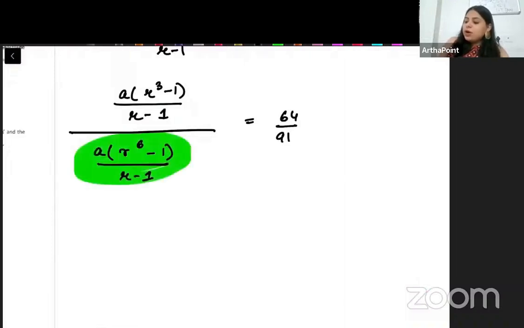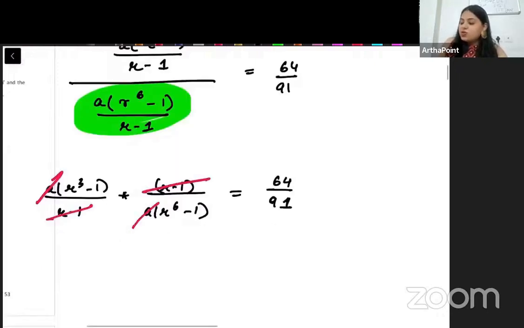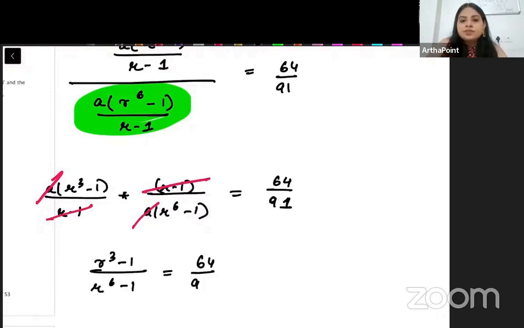So I get a(r to the power 3 minus 1) upon r minus 1 into (r minus 1) upon a(r to the power 6 minus 1) equals 64 by 91. Let me cancel a out, and I will be left with (r to the power 3 minus 1) upon (r to the power 6 minus 1) equals 64 by 91.